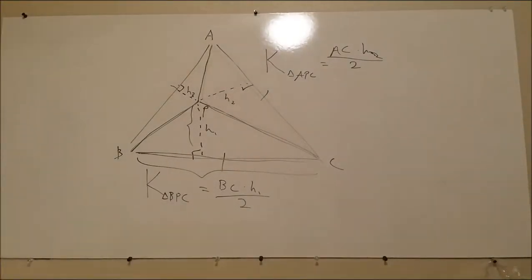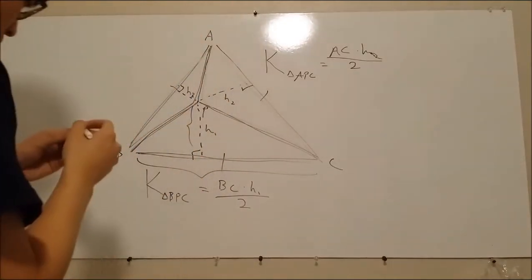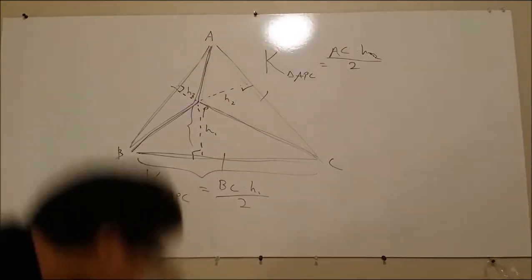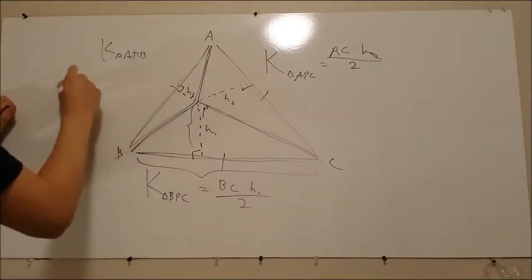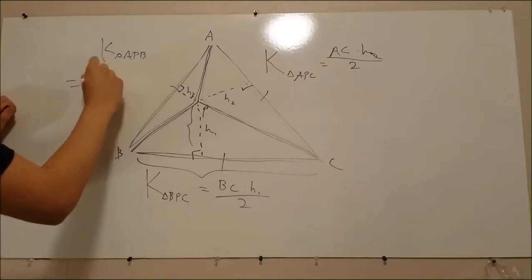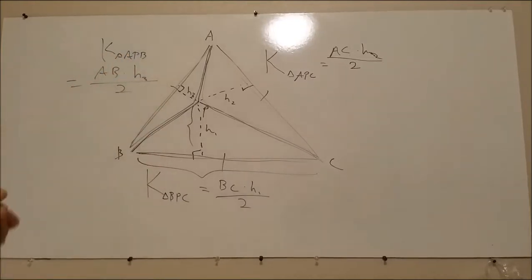And the exact same thing goes for triangle APB. And we'll have area of triangle APB is equal to AB times height 3 over 2. Alright.